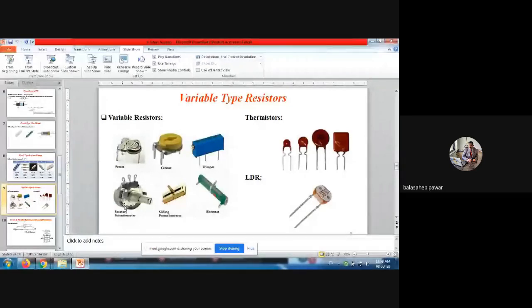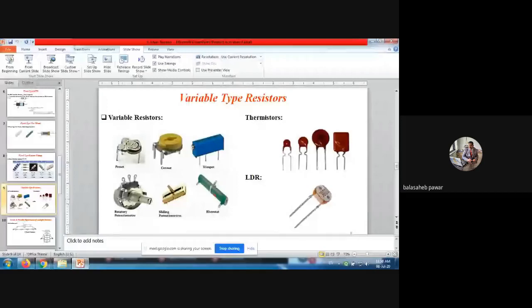But in the case of multi-turn, the shown middle terminal, by using a screwdriver, we can move it a number of times in one direction only. So what is exactly the difference in these two? Just imagine, I will take one example.